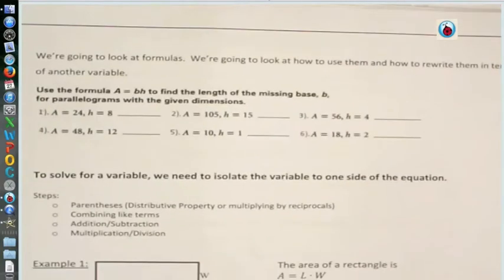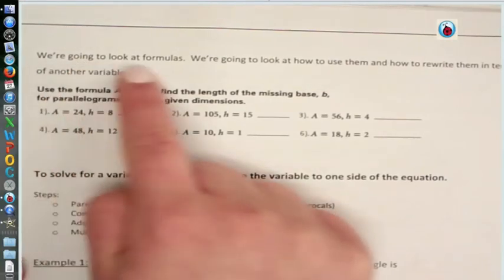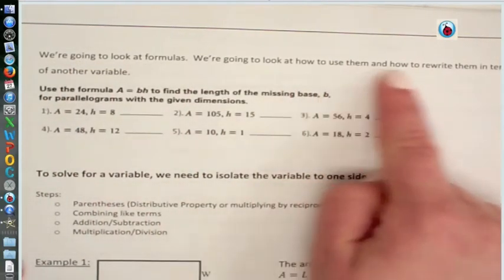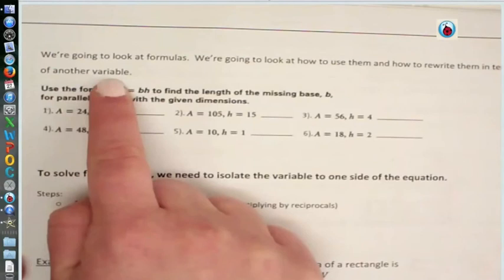Formulas are also used a lot in science, especially physics class. And formulas are often written in one way, but that's not always the most useful format of the formula. Sometimes you want to rearrange a formula to highlight one variable instead of another variable. So let's try it. We're going to look at how to use them and how to rewrite them in terms of another variable.